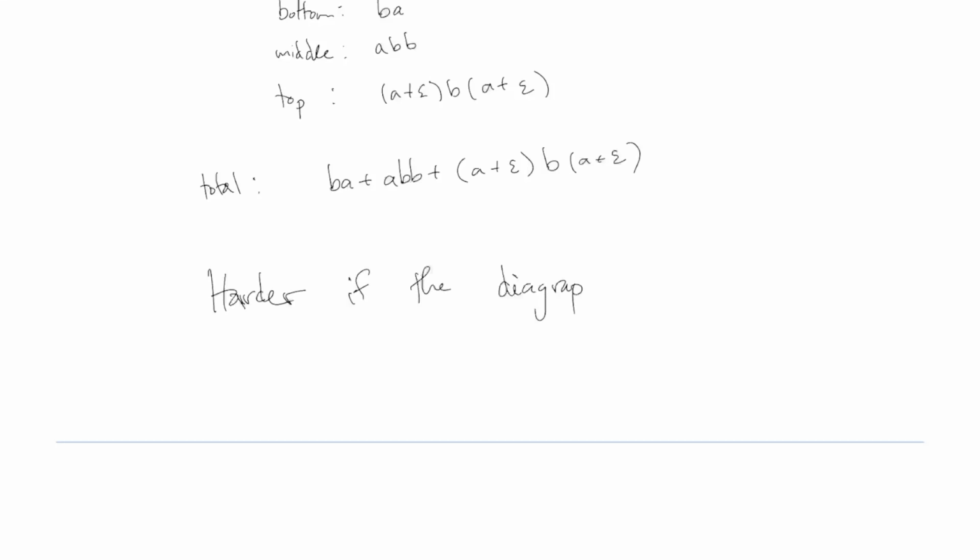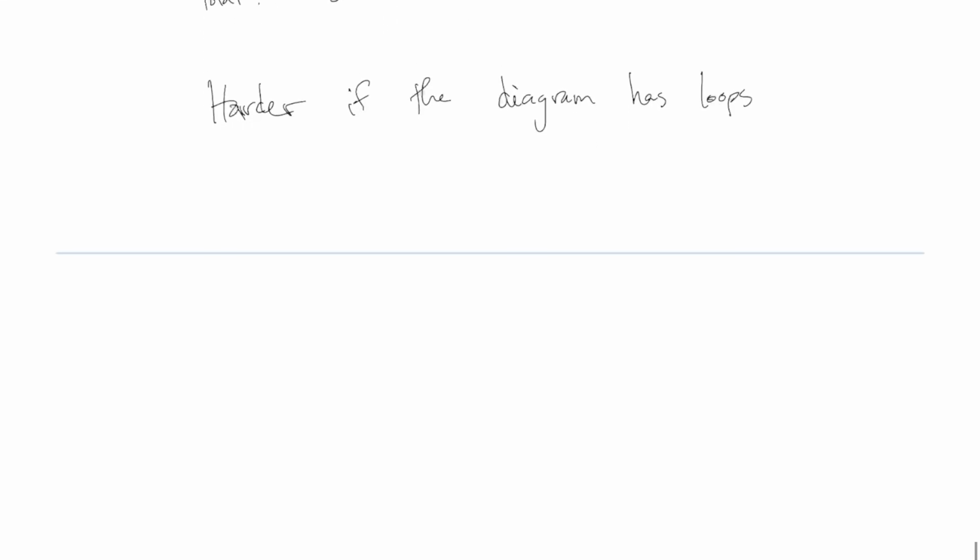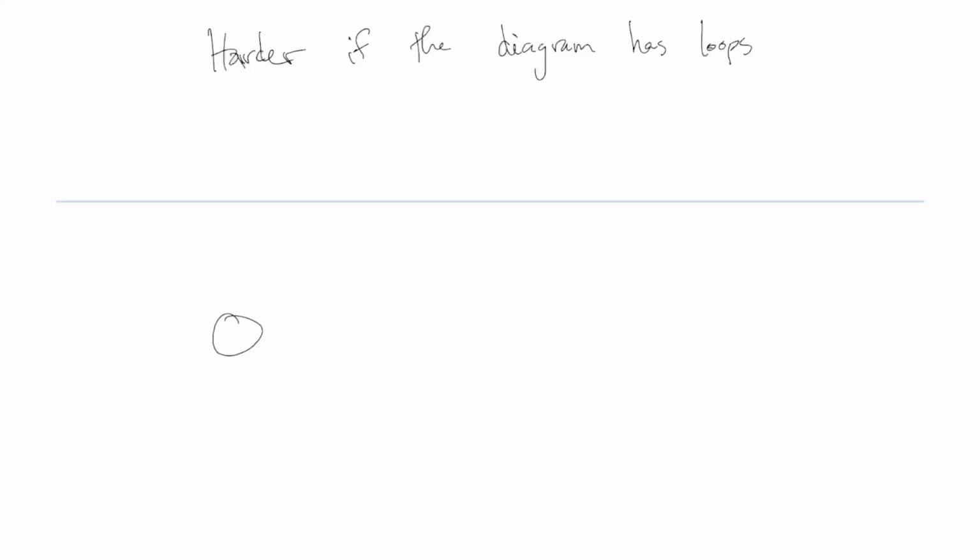And I don't necessarily just mean single edge loops, but any way of going back somewhere you already been in the diagram. Harder if the diagram has loops. We'll just try a few of those, and then I've got some for you to try maybe next time. How about this?